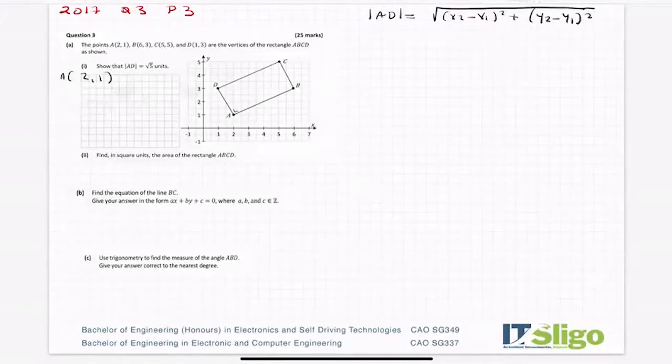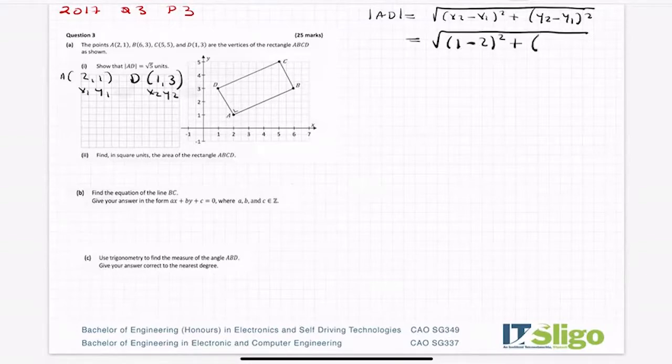So if I need the distance between A and D, then I obviously have to take the point D, which is 1, 3. Okay, x1, y1, x2, y2. So scratch what I just did there because I was getting the distance between A and B. Distance between A and D is x2 minus x1 squared plus y2 minus y1 squared.